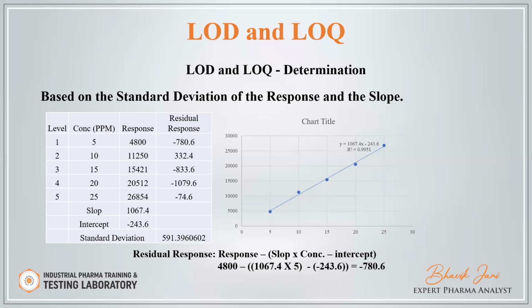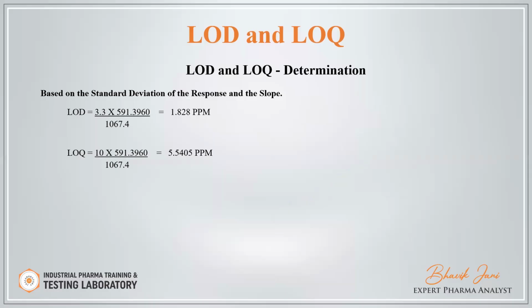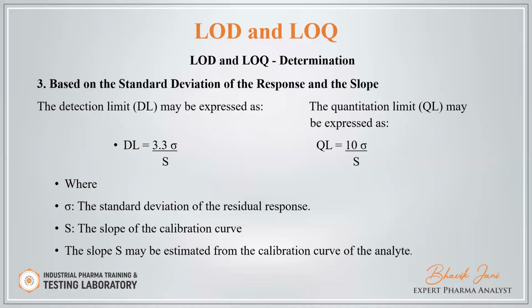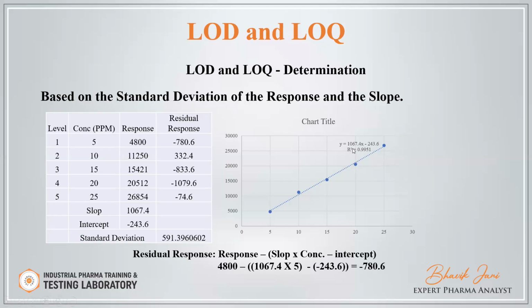Now we are going to determine the LOD and LOQ. So LOD is 3.3 into standard deviation divided by the slope. The formula is 3.3 sigma divided by slope for the LOD value and for the LOQ value 10 sigma divided by the slope.